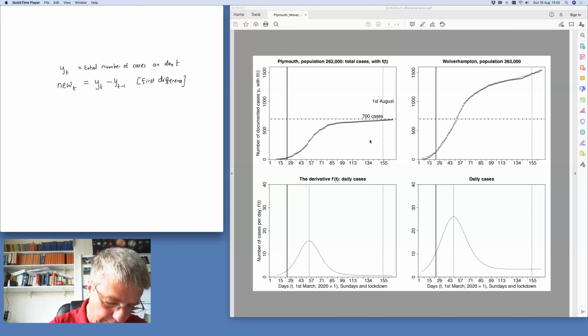So as an example of that, if it is the case that y19 is 12, so on the 19th of March there were 12 documented cases, and then on the 20th of March there were 14, then the number of new cases on day 20 is found as y20 minus y19, which is 14 minus 12, which is 2.